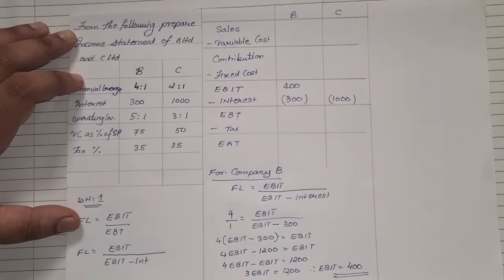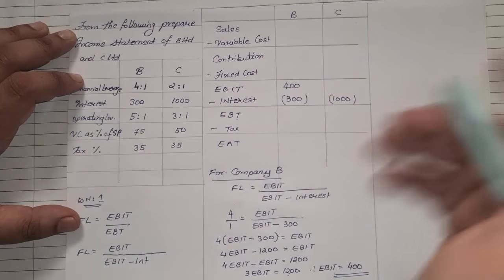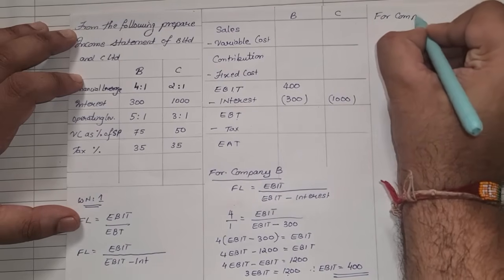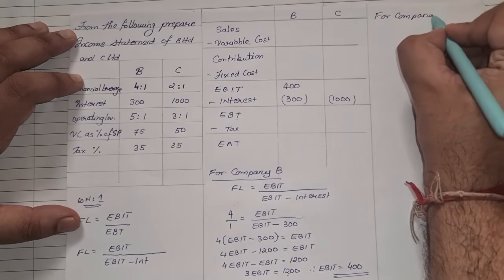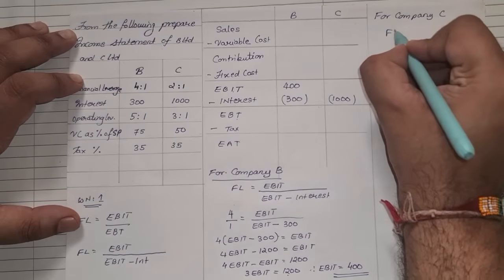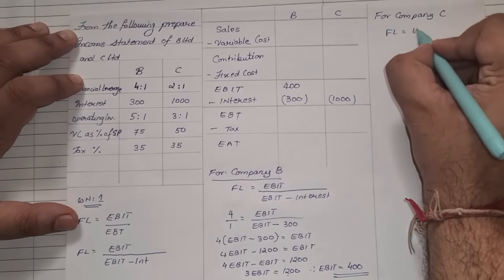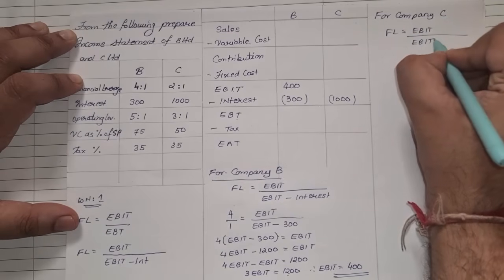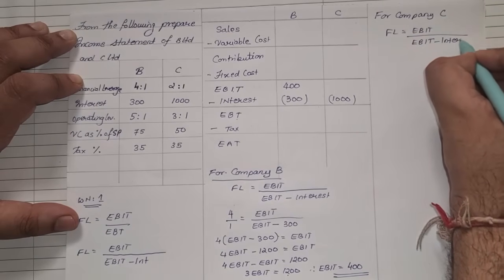I can solve this further, but before that, let us do the same working for company C. Again, financial leverage is equal to EBIT upon EBIT minus interest.